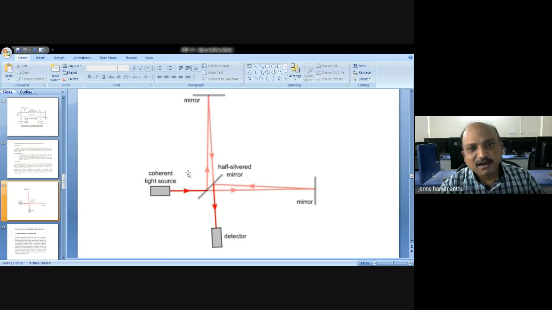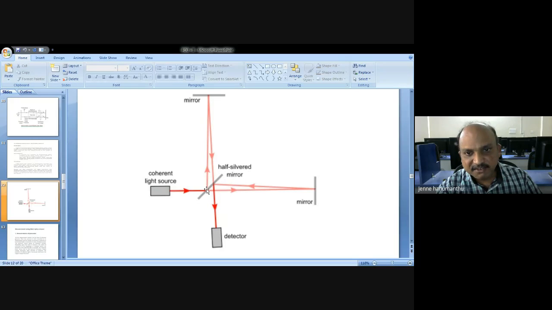In this arrangement, how do we measure the unknown distance? Between the source and mirror 1, we are placing a beam splitter, right? When the light falls on it, the light is separated into two rays. One ray is reflected and falls on mirror 1, and another ray is refracted and falls on mirror 2.